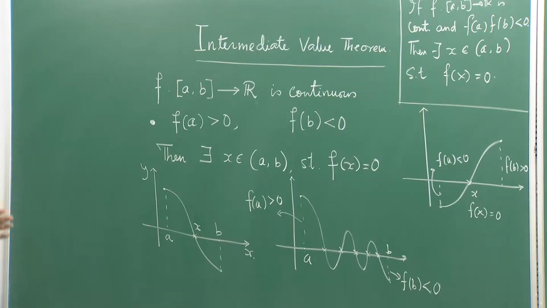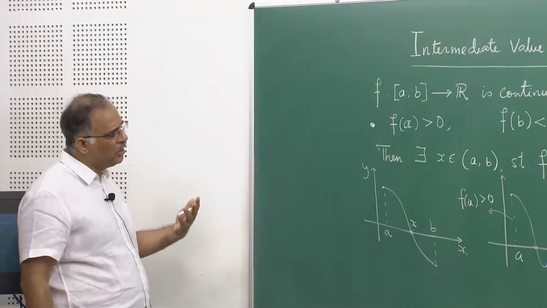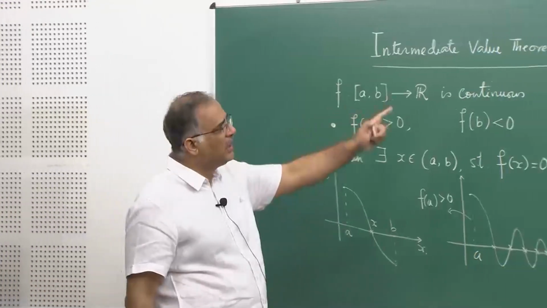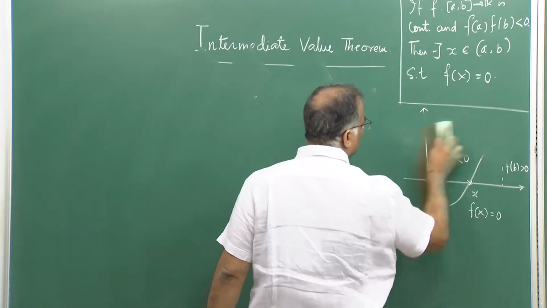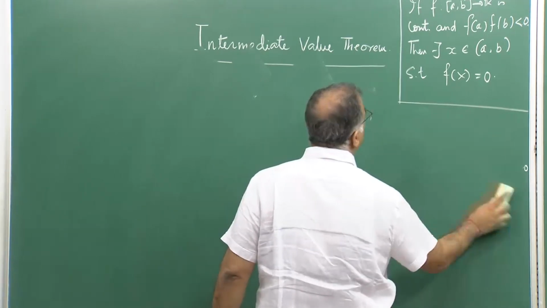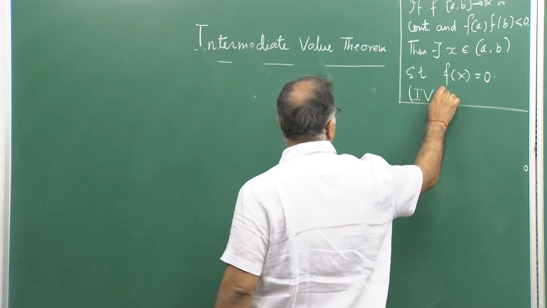I would rather insist on concept building in this course, with some cases coming to proofs, but I will first show some ways by which we can apply this result. Okay, so let us see one of the first consequences which I can draw from this intermediate value theorem, the IVT in short.